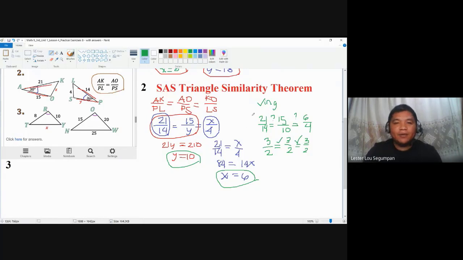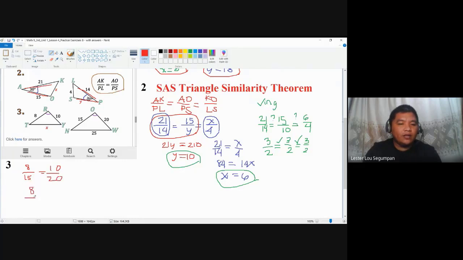On to the remaining problem. Here, we are already given one angle. Okay, one angle only. So let's try to come up with these sides here. Let's have 8 over 15 equal to 10 over 20. Are they equal?